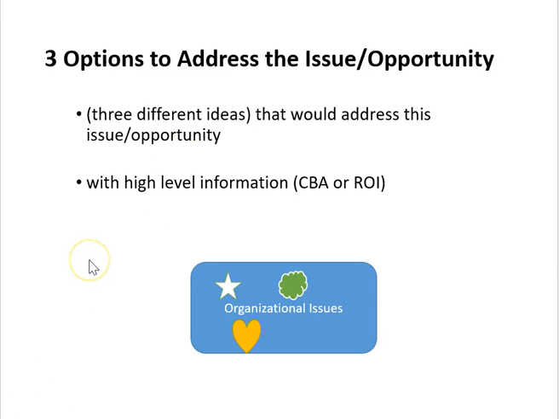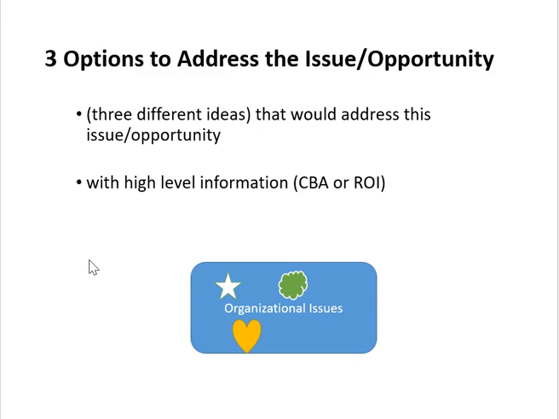It's possible your issue was a little bit more structured. You were within an organization and your issue is that you have an outdated software program that's causing a lot of productivity losses.